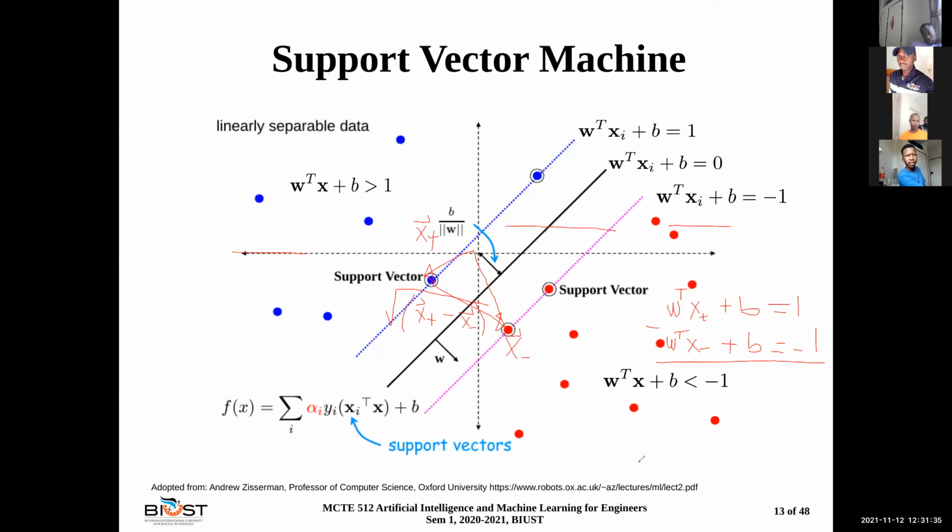So now we say this is W^T X on the positive side. These are the same, so they cancel. Minus W^T on the negative side, the negative support vector, is equal to 2. There you go.